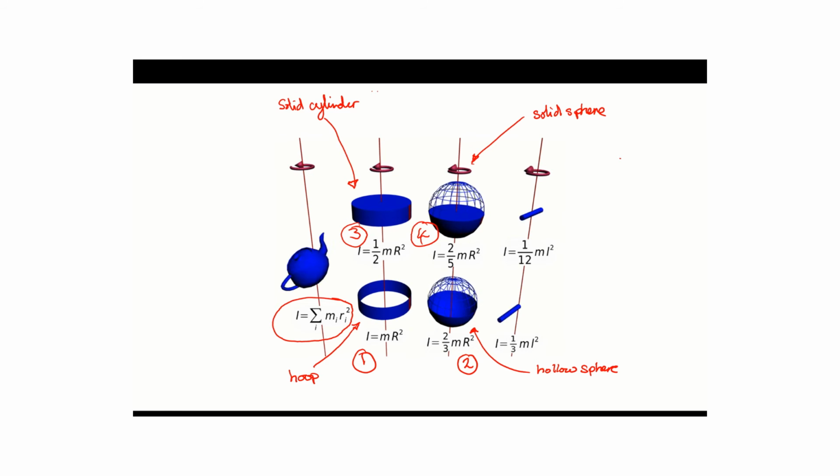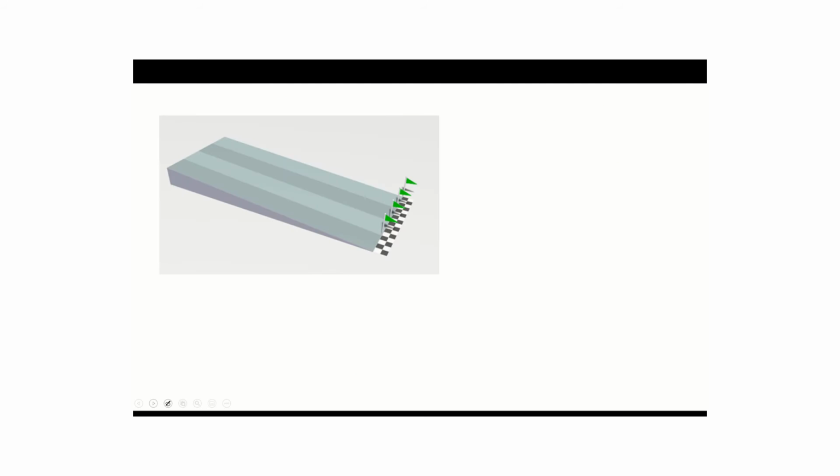So we've got the four shapes, four different inertias for each of them. So let's go back to what we saw before. Here we are. We have got our four objects rolling down the same ramp.